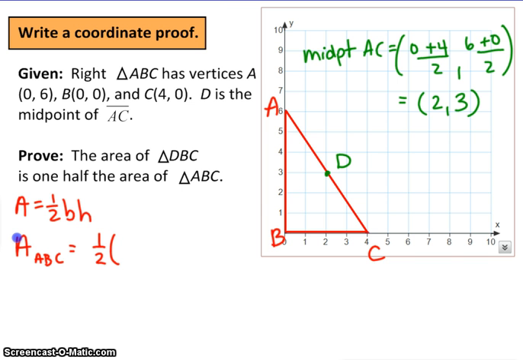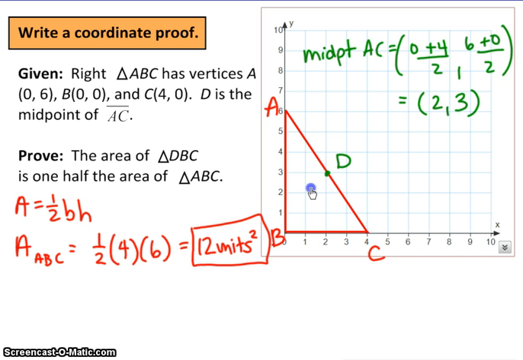It's 1/2, and what's cool about the base is I can just count 1, 2, 3, 4. And the height, just count again. 1, 2, 3, 4, 5, 6. So what we have here for the area of triangle ABC is 12, and we're just going to put units squared. So that's the area of triangle ABC.